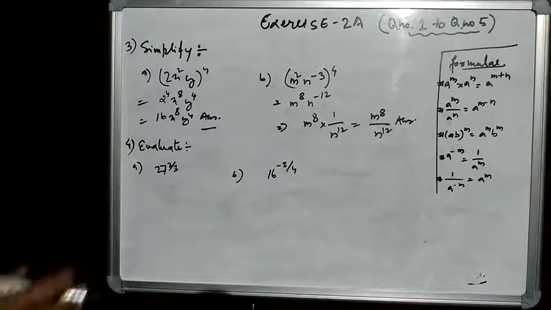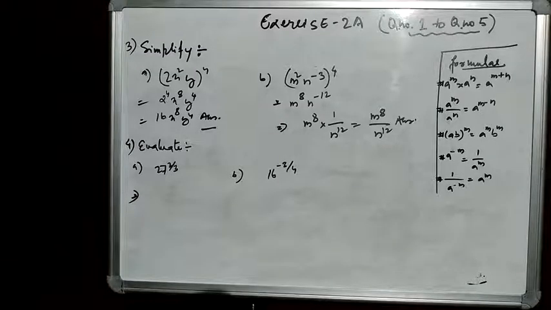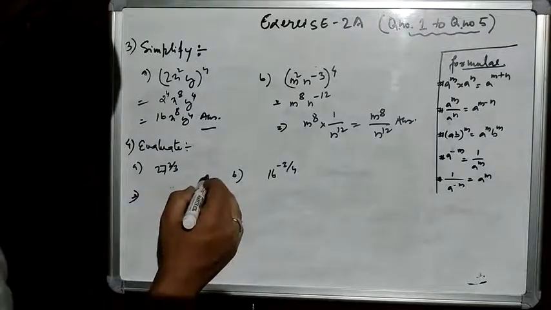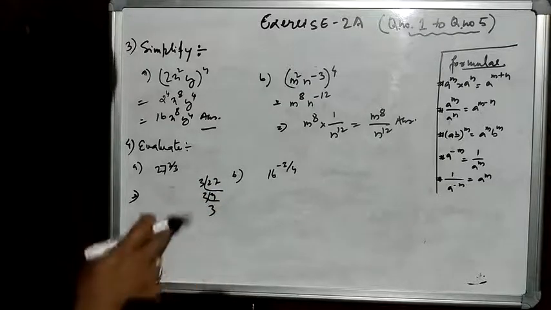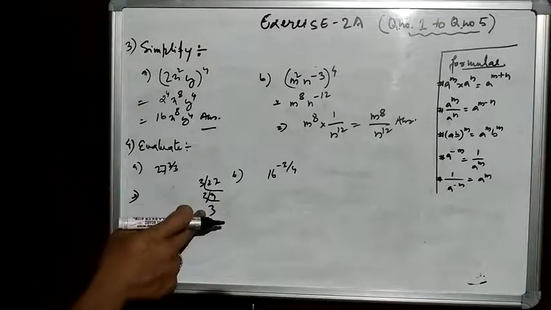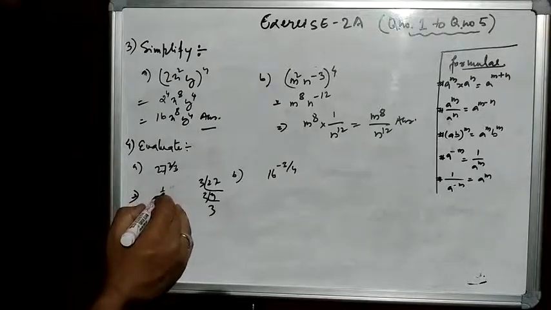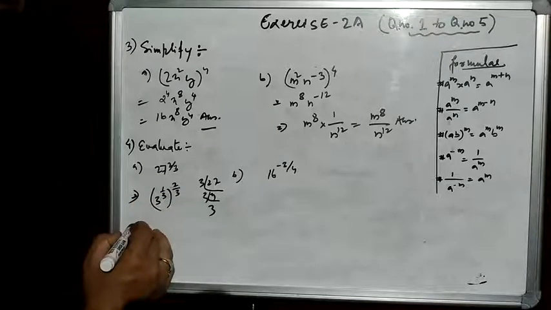Okay, now evaluate this one. In this evaluate question, you see here 27 to the power 2 by 3. So check it here: if you take out the factors of 27, 3 times 9 is 27, 3 times 3 is 9. So how many 3s are coming? Three 3s. So we'll write it as 3 cube to the power 2 by 3.